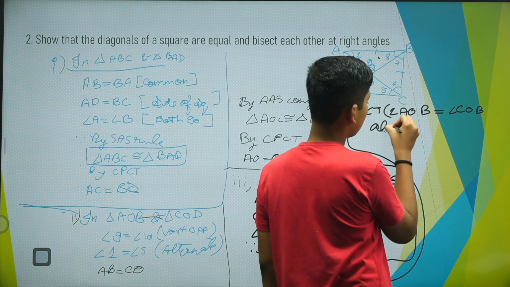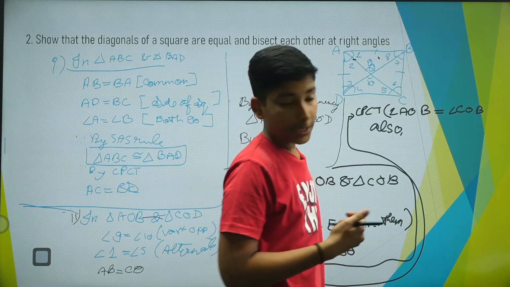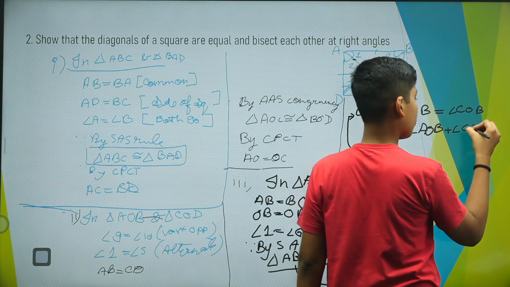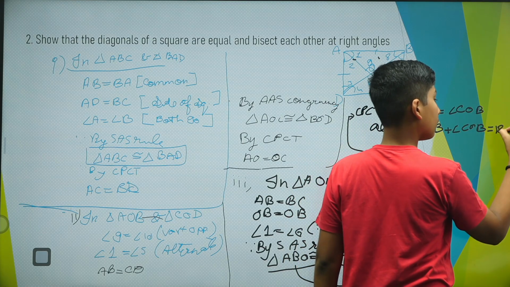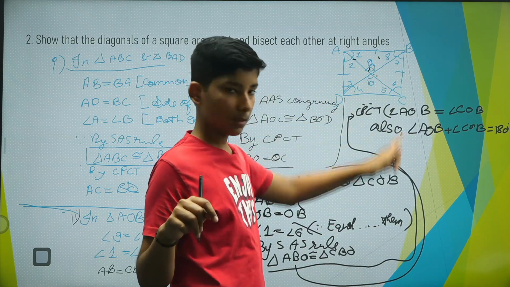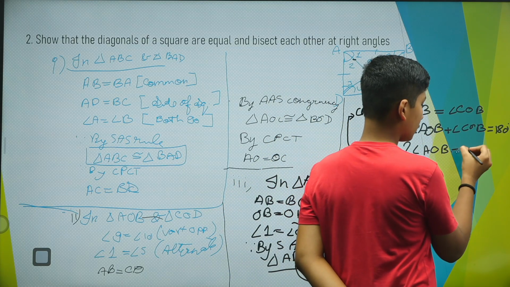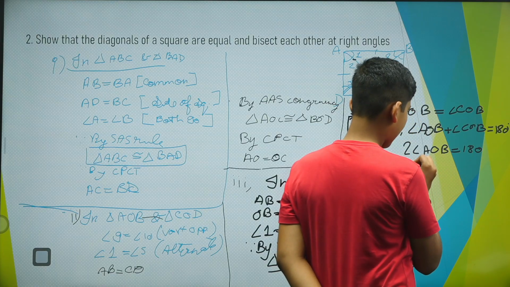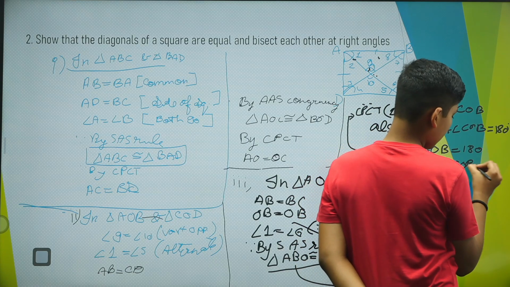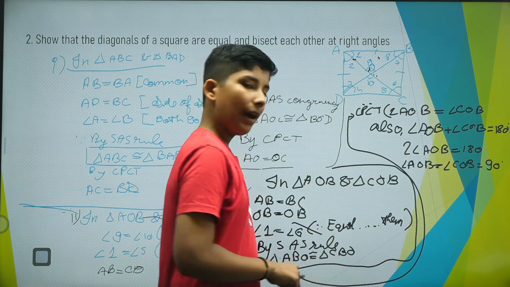And here write also angle AOB plus angle COB equals 180 degrees. Why do these two equal 180 degrees? Because of linear pair. So 2 angle AOB equals 180, angle AOB equals angle COB equals 90 degrees. Hence proved. All of them are done.